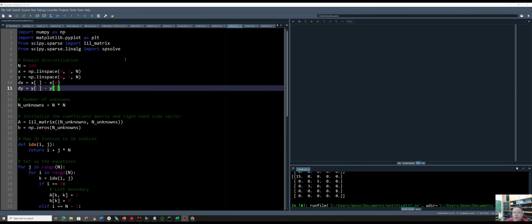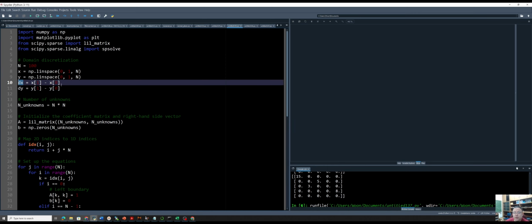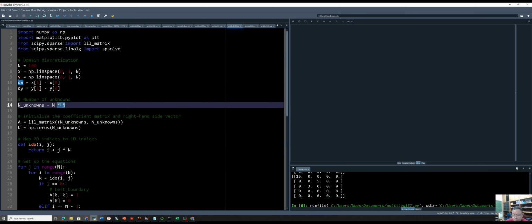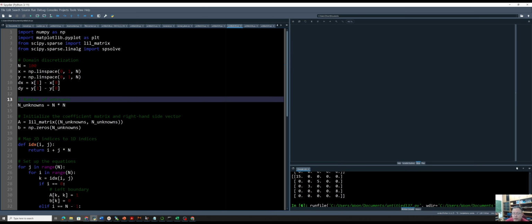Okay, now look at the code. Okay, I have 100 points. So you need linspace to get the array. So dx, dy is the distance between two points, grid of n by n. I want to initiate the matrix.